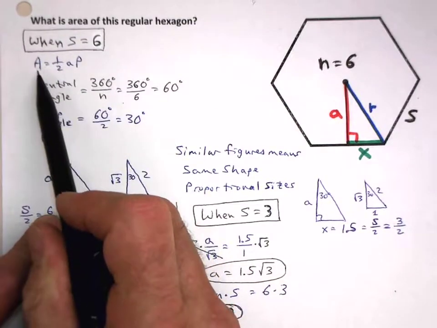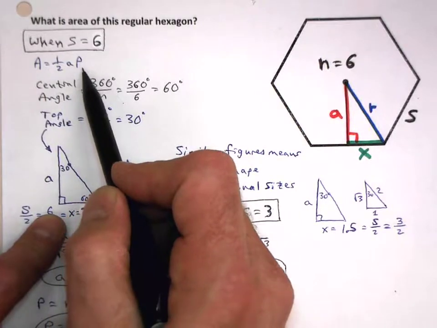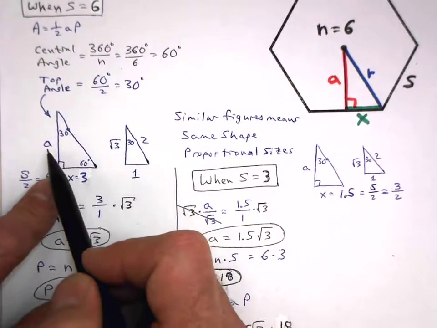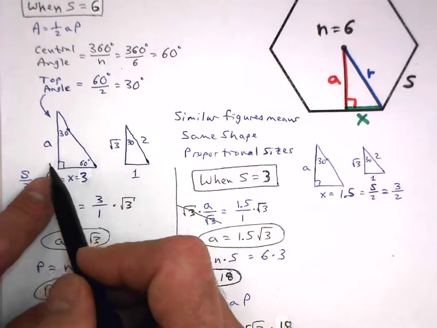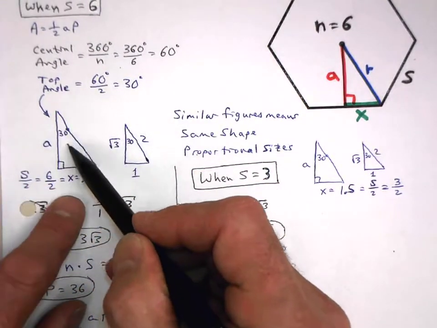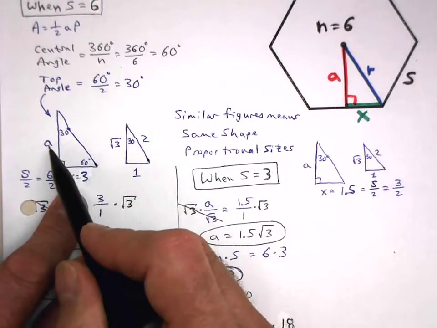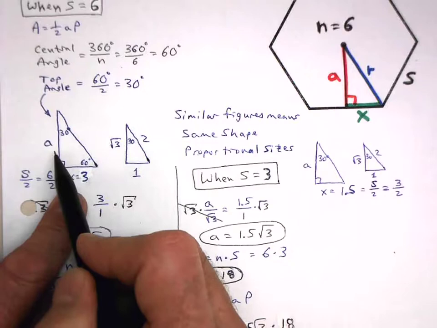Remember, we are trying to find the area, and so we need the apothem and the perimeter. So to find the apothem, we could use the tangent of 30 equals the opposite, which in this case is 3, over the adjacent, which is the apothem.